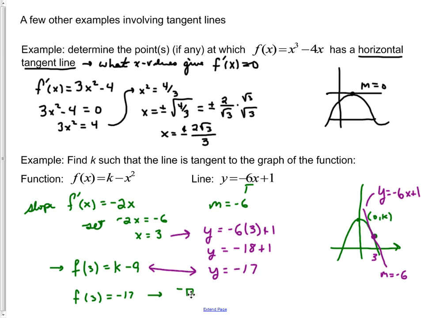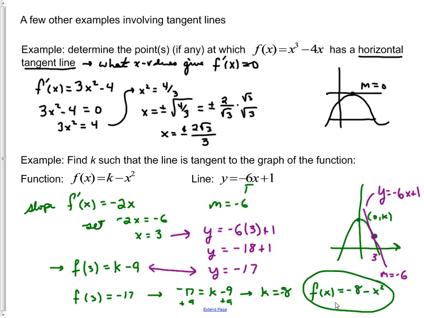Negative 17 is equal to k minus 9, so k is equal to negative 17 plus 9, which happens to be negative 8, right? And so our function f of x has to be the function negative 8 minus x squared. Not too bad for a day's work.